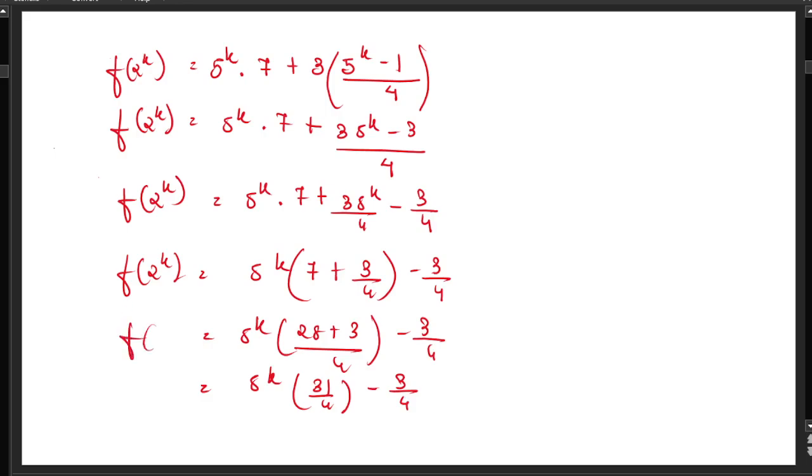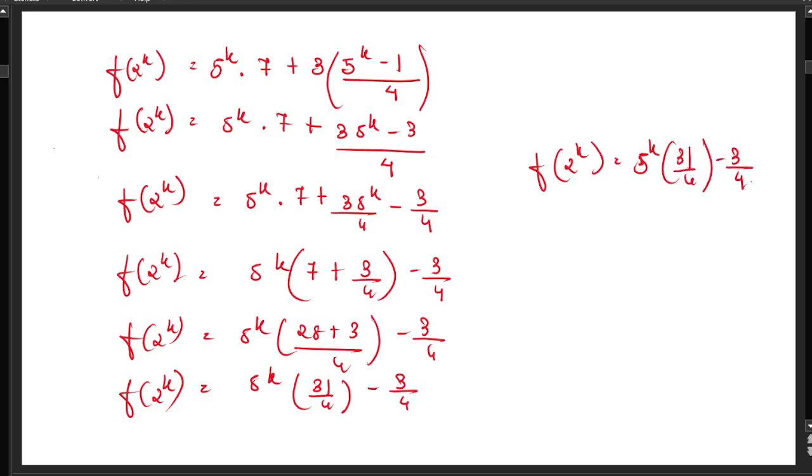So this is f(2^k). What I'm writing is the correct one. So from this equation, what we got as the final answer is that f of 2 to the power k is 5^k times 31 by 4 minus 3 by 4.